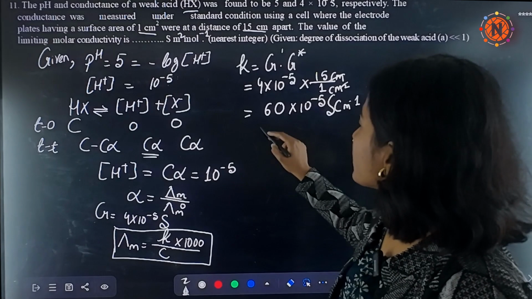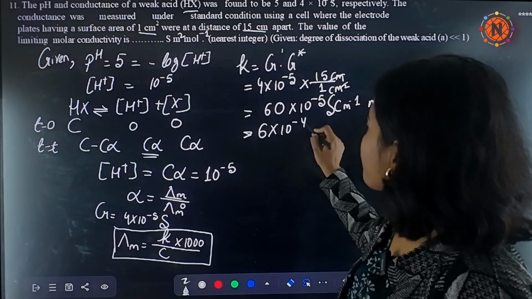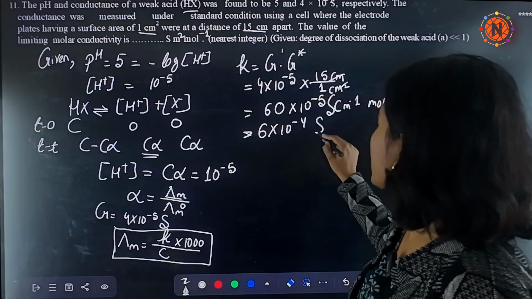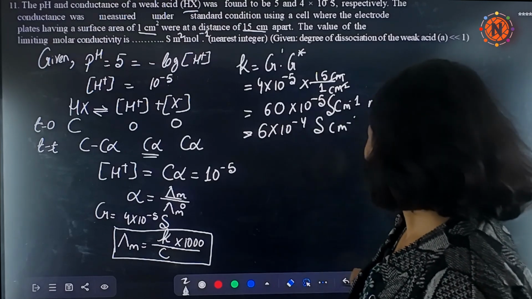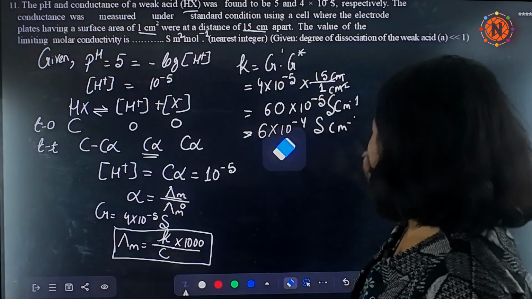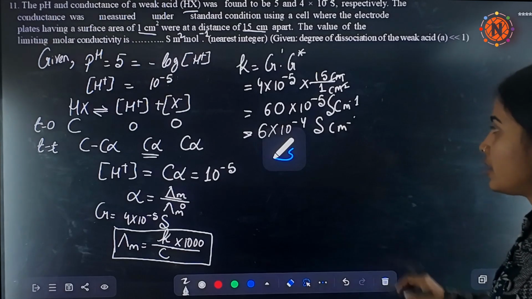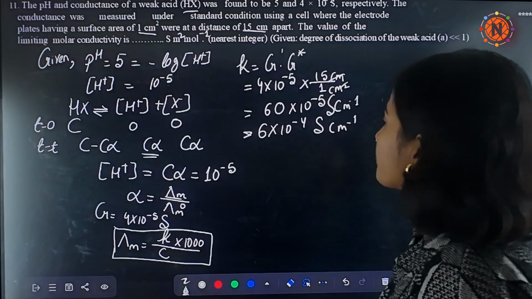Now we can also write it as 6 into 10 to the power minus 4, correct? It is given in Siemens centimeter inverse. The mole will not come now. We will write about this molar conductivity, then we will consider it as mole inverse.